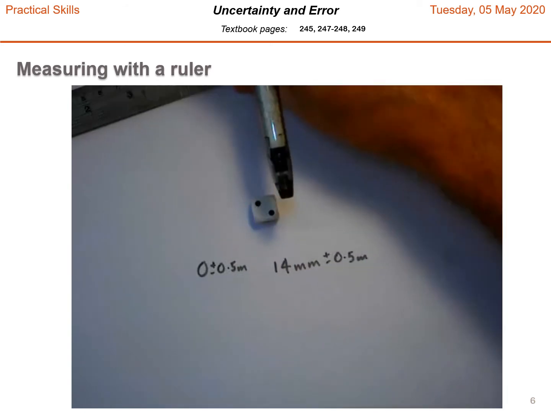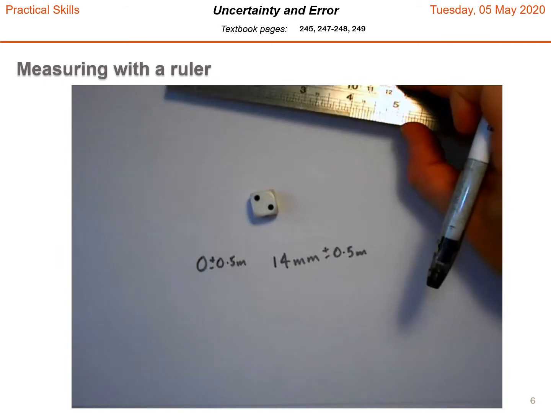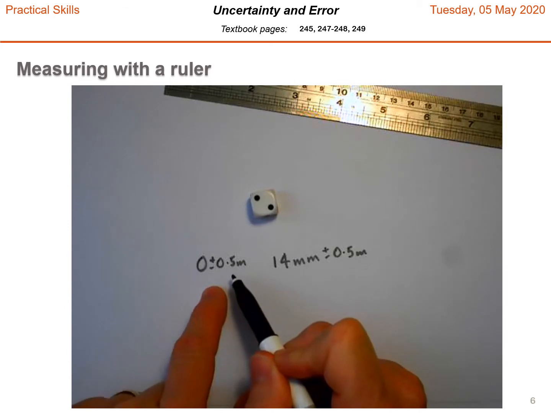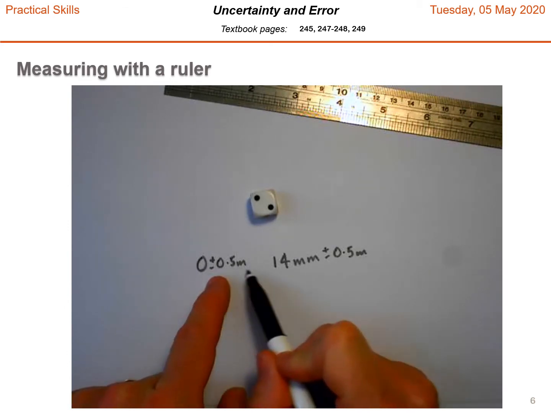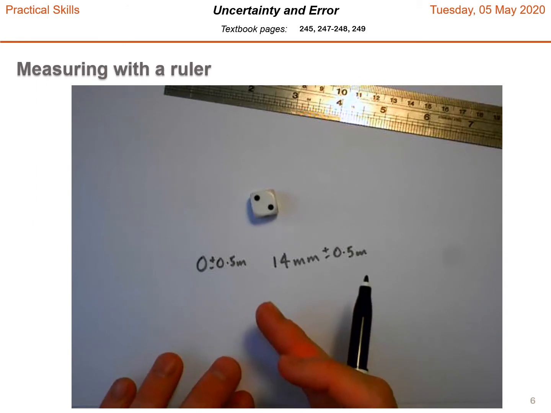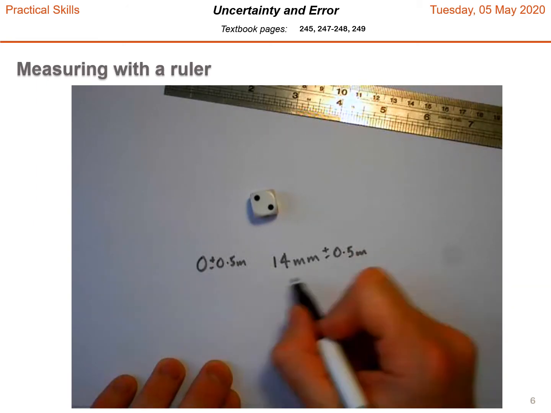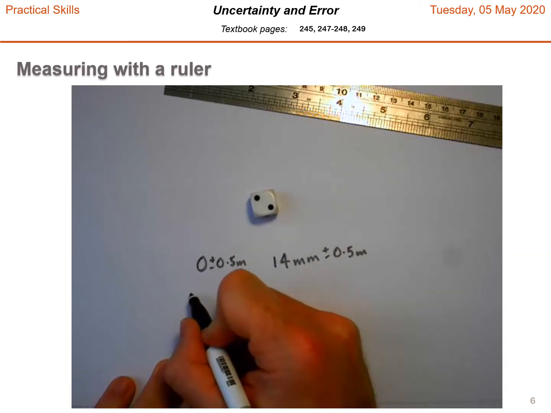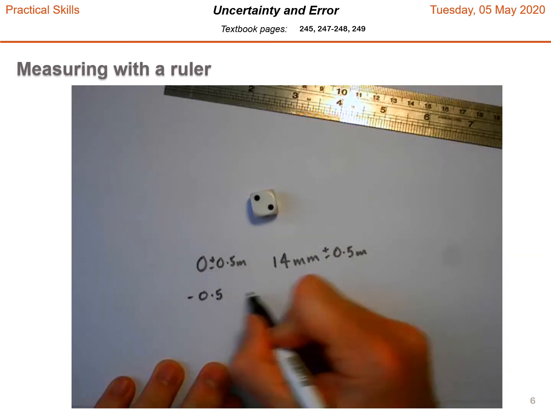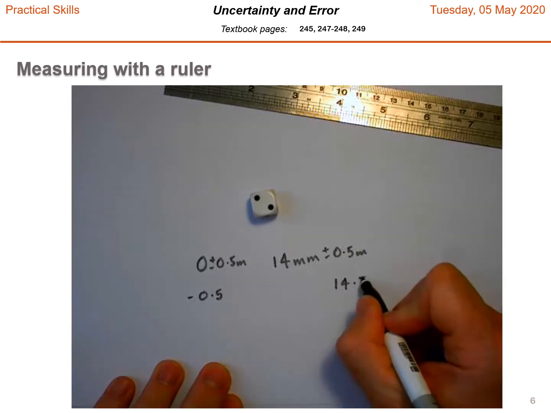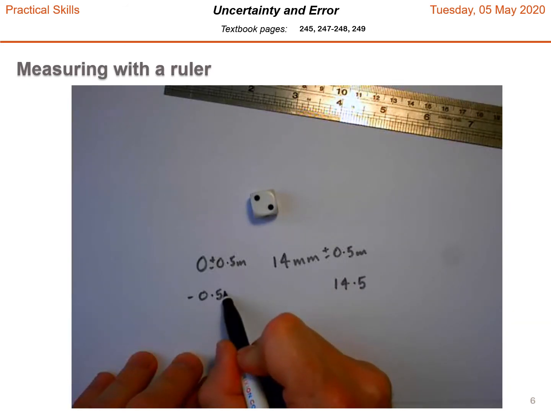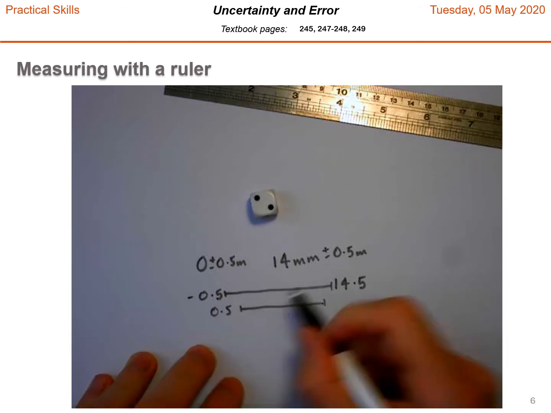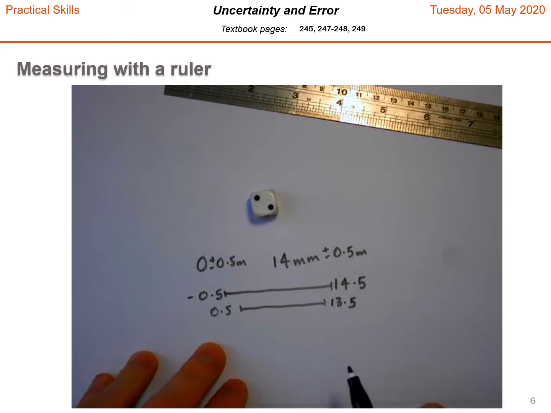So here, at this section of the ruler that I used, there are graduations every ½ millimeter. So each reading has an error of ½ millimeter. In total, this has got a reading of 1 millimeter. So actually the width of this die could be from minus 0.5 here to 14.5 at the widest length, and at its shortest length it could be from 0.5 to 13.5.